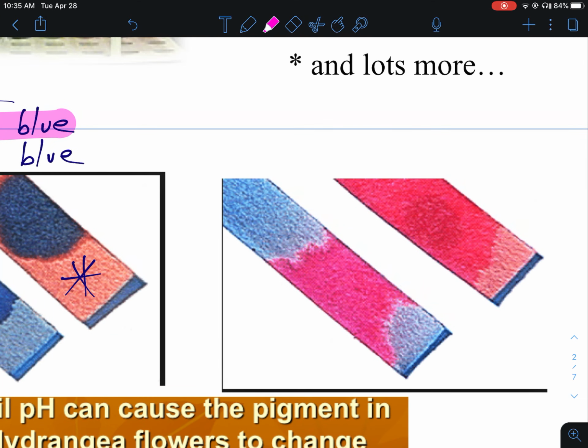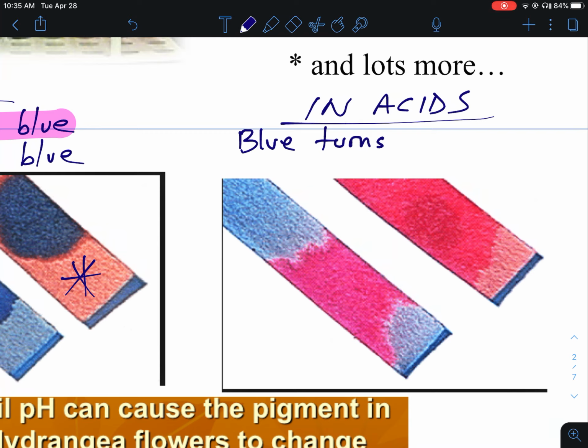If it's in an acid, okay, so if you're in an acid now, the blue paper turns red, and that's really useful. The red stays red, which is not very useful.